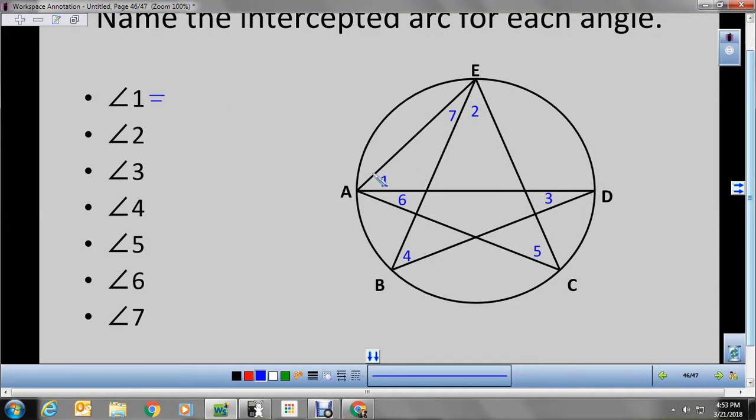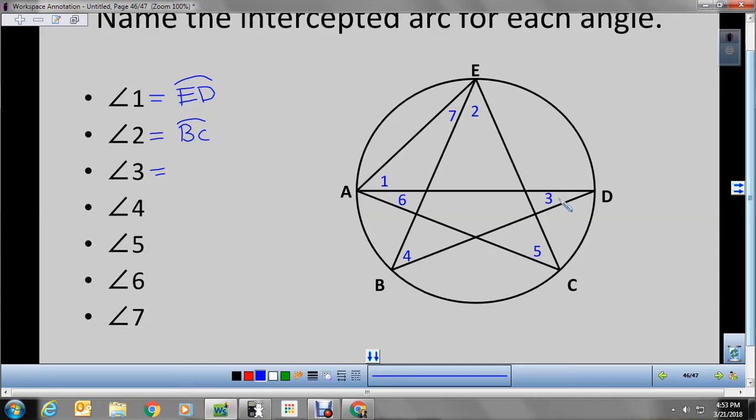Angle 1, if we follow it up here, goes to E, the other chord goes to D, so that opens up to arc ED. For angle 2, the two chords follow on to B, and the other side goes to C, which means it opens up to arc BC.